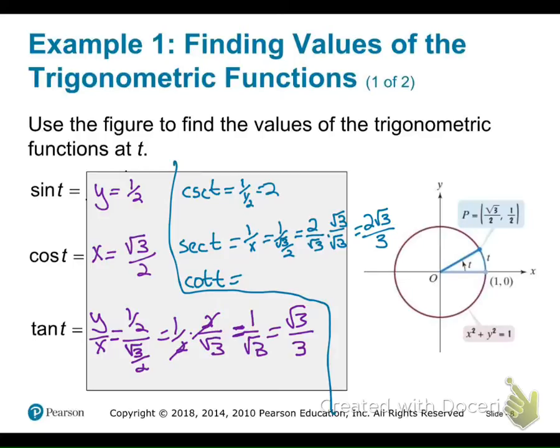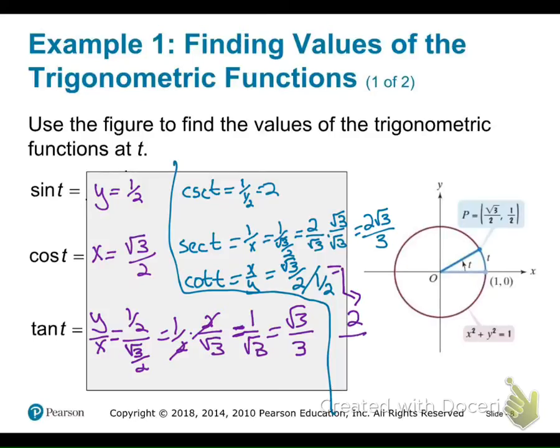And then last but not least, what do we have for cotangent? X over y. X was what? Divided by 1/2. I'm going to change color so I don't write into everything else. So here we are going to rewrite this. I'm going to go down so I have some space.